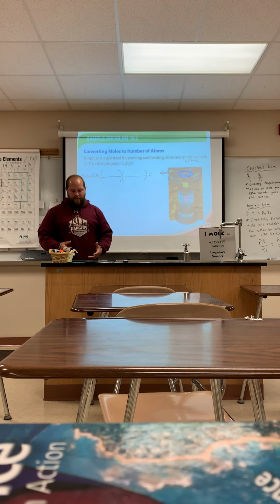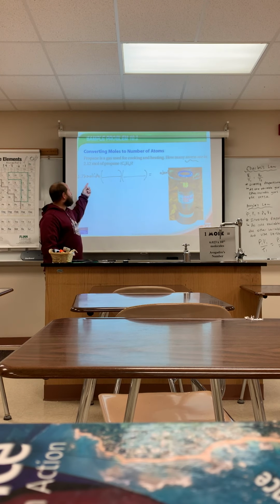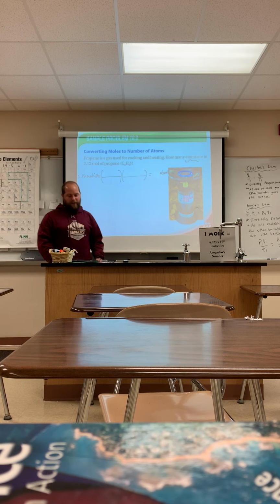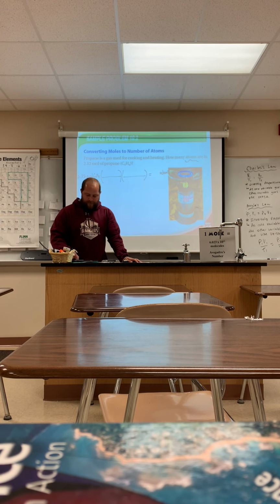Okay, so for the first conversion, we have 2.12 moles. We have to convert that to the representative particle. We're going to use Avogadro's number. So first, multiply it times 6.02 times 10 to the 23rd. In this case, the representative particle is going to be the molecules.